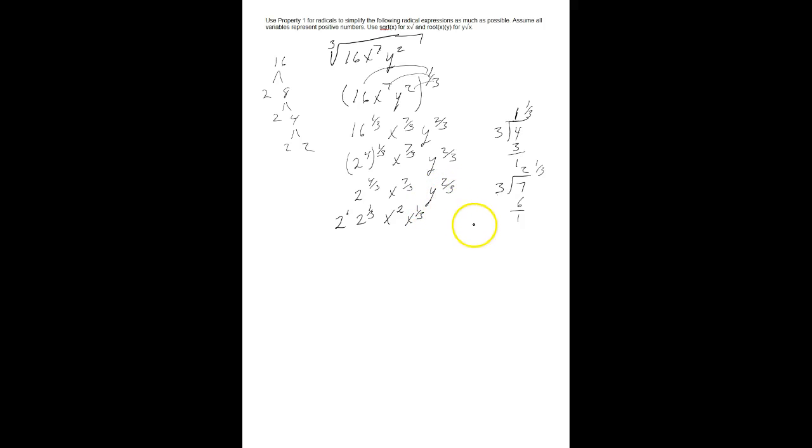And then 3 doesn't go into 2 at all, so this still becomes y to the 2/3, because we can't pull anything out of there. So we have 2 to the 1st power, we can pull out the 2 to the 1st, and x squared. Anything with the 1/3 stays under the cube root: 2, x to the 1st, and y squared.